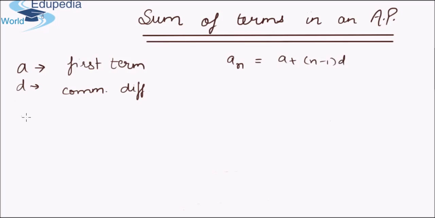Friends, thus an AP is something of the form A1, A2, A3, and so on, AN, and a term preceding AN, say AN minus 1, and a term preceding AN minus 1, which is AN minus 2, and so on.